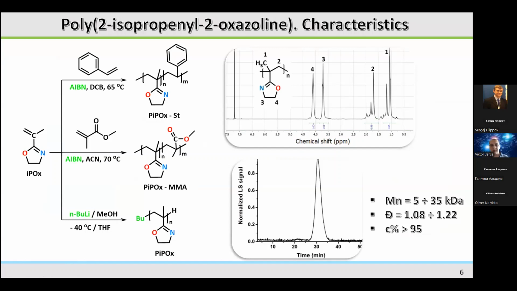However, we were not very happy with the control over the distribution and over the molecular weight, and then we turned our attention to anionic polymerization, and we optimized the conditions for the synthesis of this polymer by anionic polymerization, and now we are able to synthesize the polymers with molecular weight between 5 and 35 kilodaltons with narrow dispersity and very high conversions.